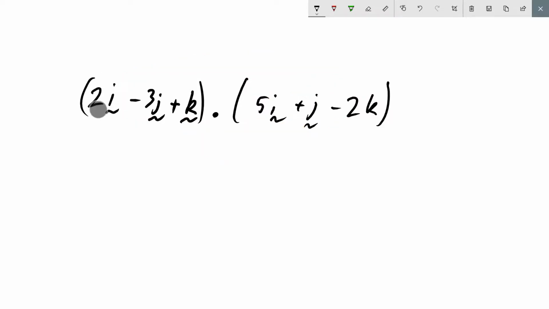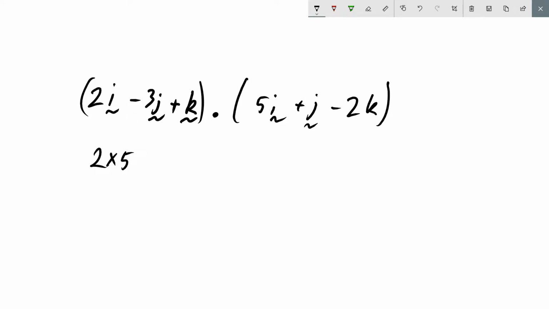So I'm going to take the first term and dot it with the first term. So 2i dot 5i. Well, they're on top of each other, same direction. What was the case? If they're in the same direction, it's just the magnitudes times together. Because i is a unit vector, the magnitude is its coefficient. So we're going to have 2 times 5. Now I need to grab this and dot it with the second term.